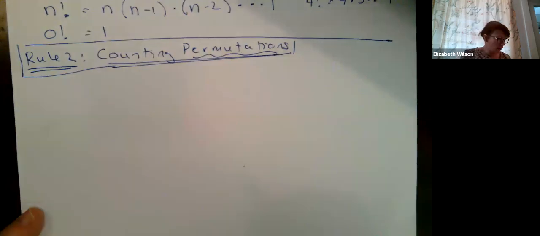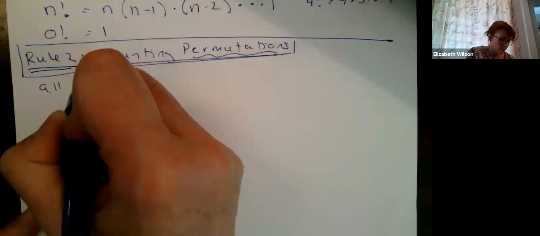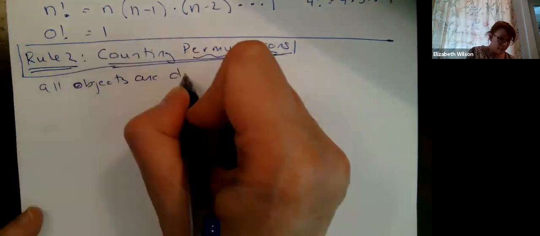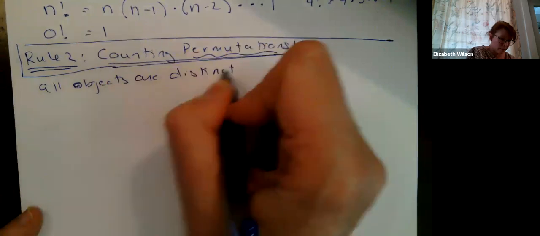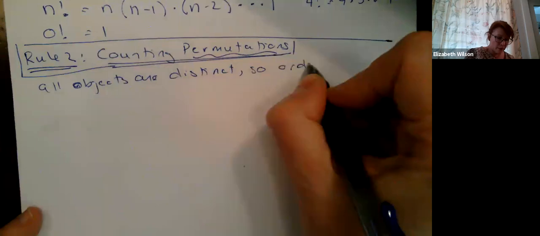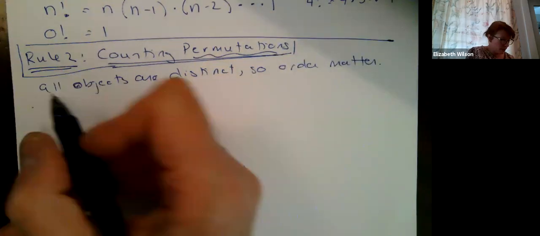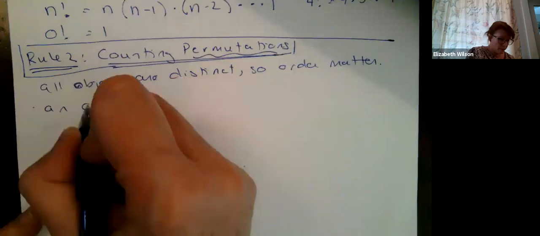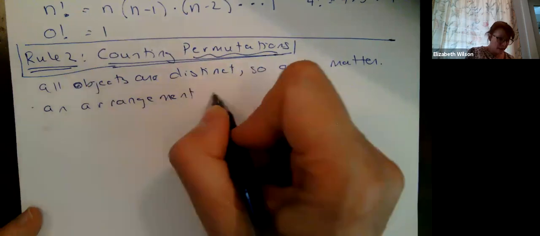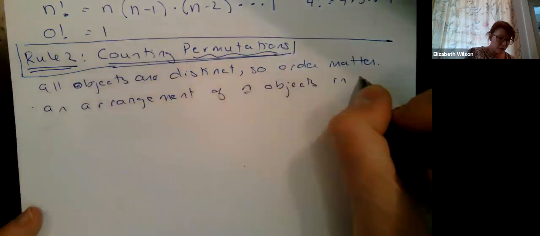This is when all objects are distinct. So order is going to matter. And then we say, more technically, this is an arrangement of n objects in a specific order.